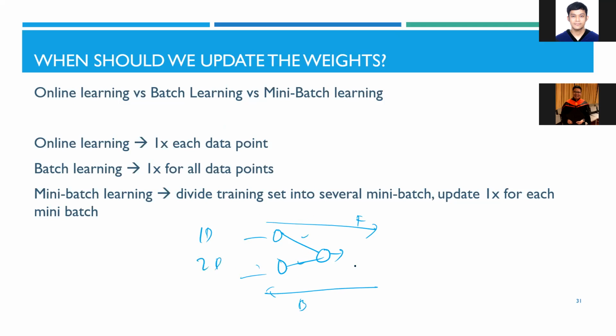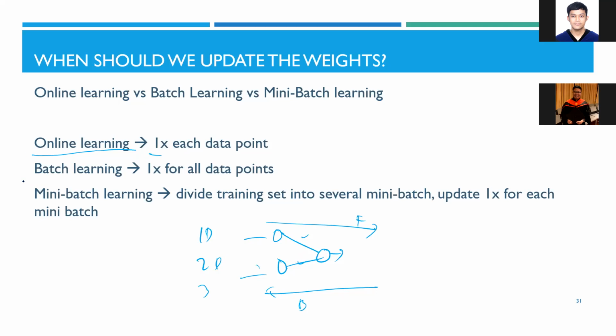Second data, forward, backward, updated again. Third data, updated again. In that case, they call it online learning. It means that for each data point, we do one forward and backward. Backward means update the weights.